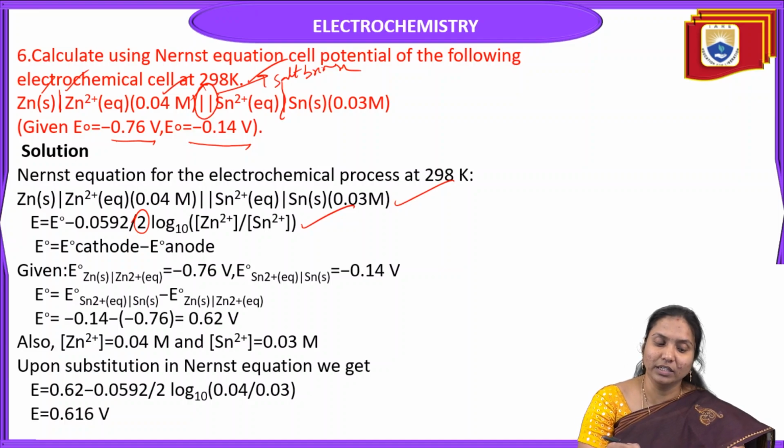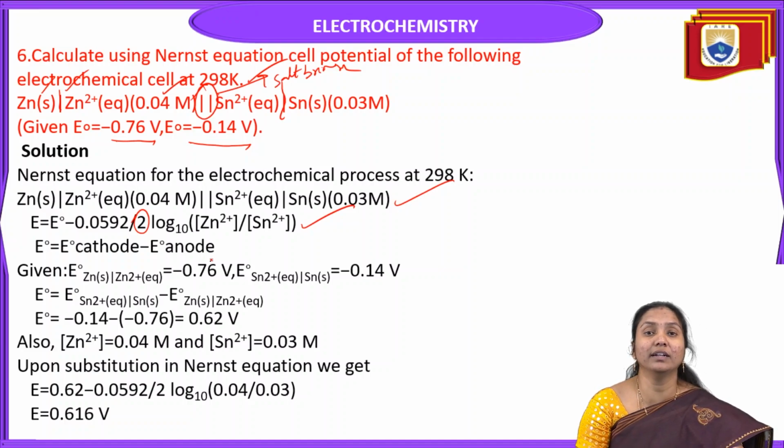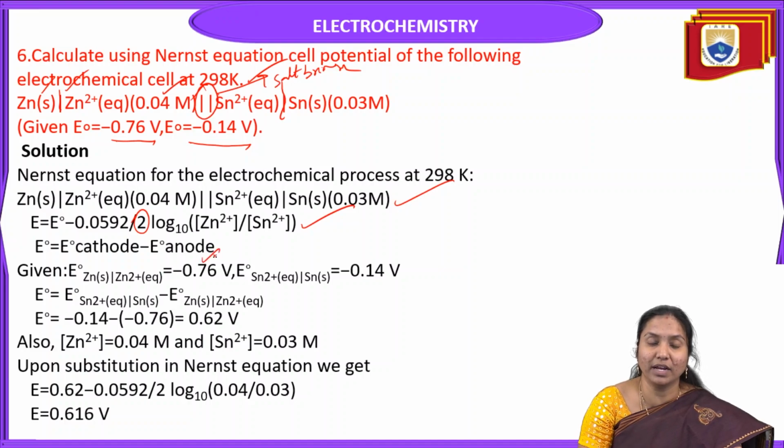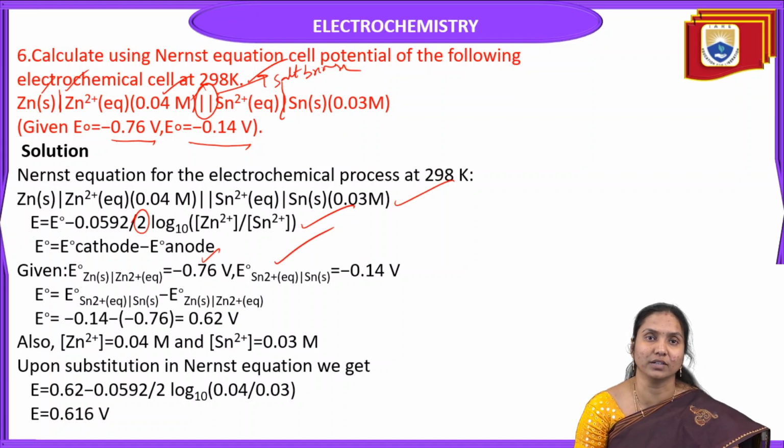So here, the EMF of the cell. How can you calculate the EMF of the cell? It is the potential difference between two electrodes. So cell EMF equals E cathode minus E anode. Given the data, zinc standard electrode potential is minus 0.76 and tin standard electrode potential is minus 0.14 volts.